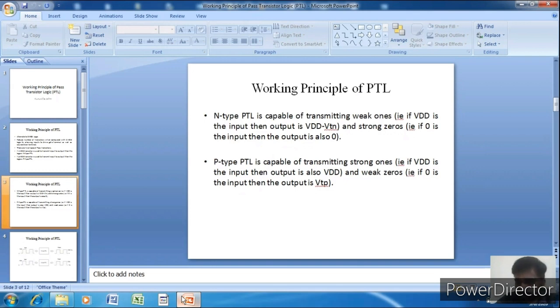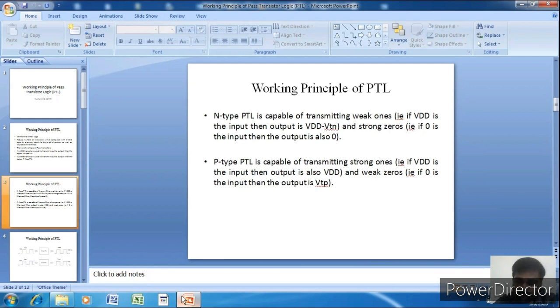Then we can see the working principle of a pass transistor logic mainly depends on a condition. We know there are two types of pass transistor logic, N-type pass transistor and P-type pass transistor.